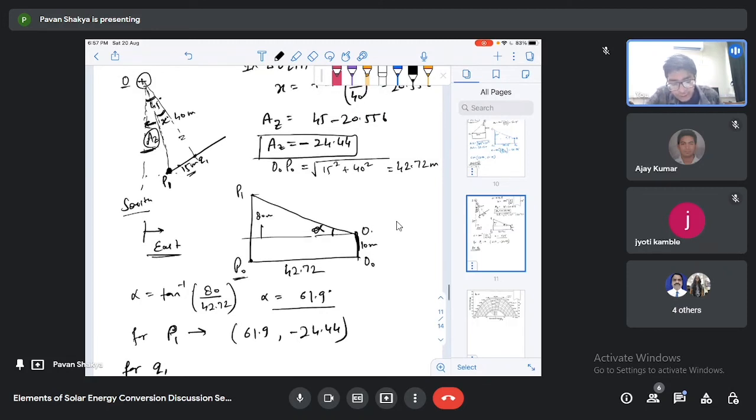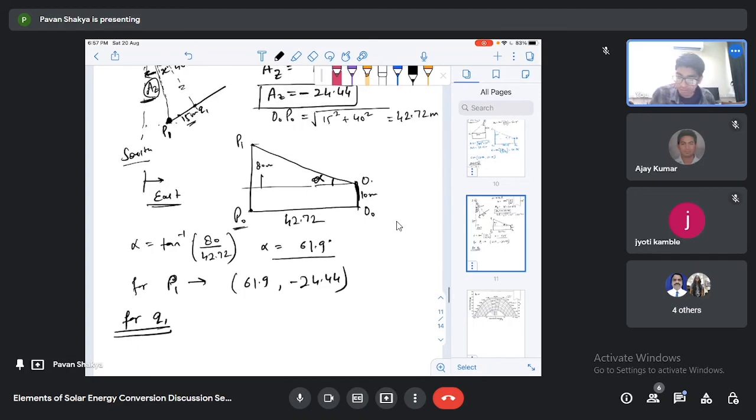Also, the distance is given, that is 40 meter between the observer and Q1. So you can easily calculate the alpha value also. I am not solving it again. I am just writing directly that this will be the alpha value and minus 45 is the azimuth angle.